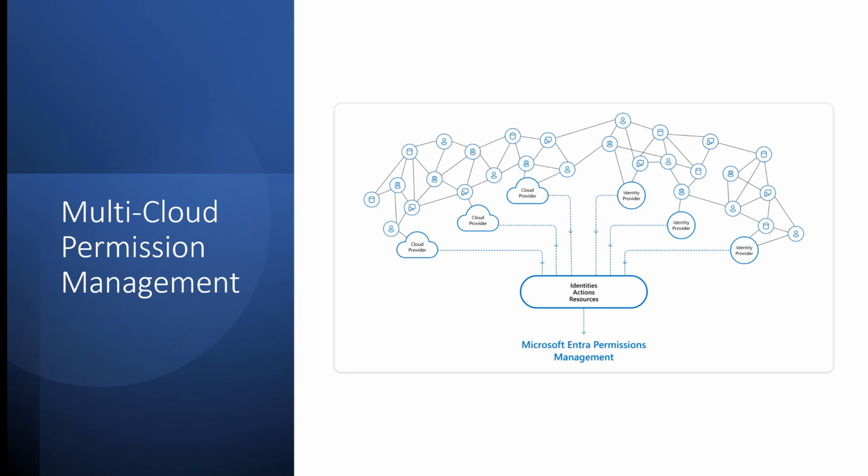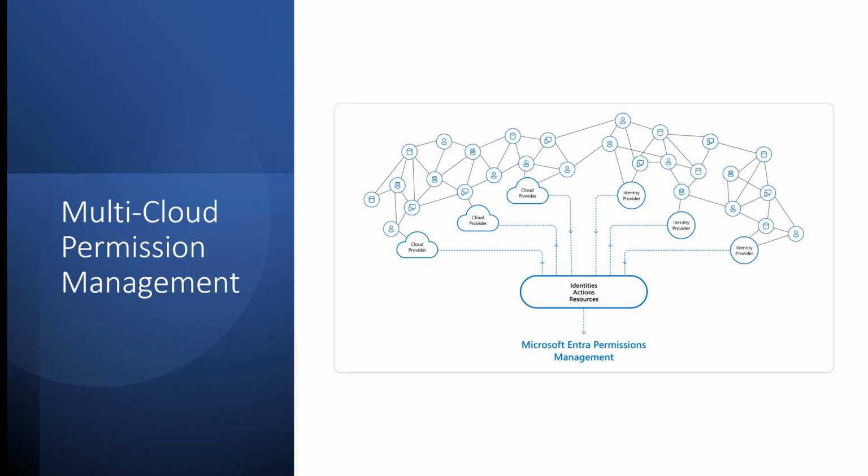And when we say the world is changing, more and more organizations are embracing multiple clouds or multi-cloud scenarios. Now, when we talk about multi-cloud and permission management, the solution should be holistic and should be able to cover multiple cloud providers. Primarily, the permission management solution should be multi-cloud centric, and that's exactly what Microsoft Entra Permissions Management offers.